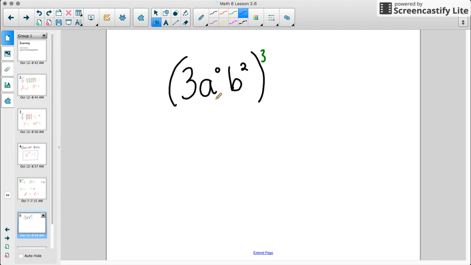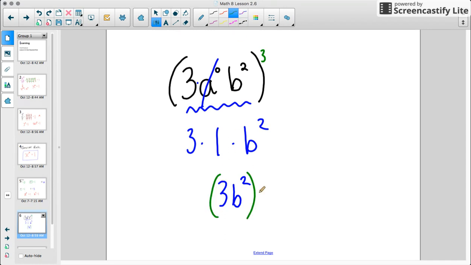So if we have 3a to the power of 0, b to the power of 2, and the whole thing cubed, remember we looked at this in the quiz and reflection. We can look at the inside first if we'd like. This is really just 3 times 1, because a to the power of 0 is just 1, times b squared, which I can just write as 3b squared.